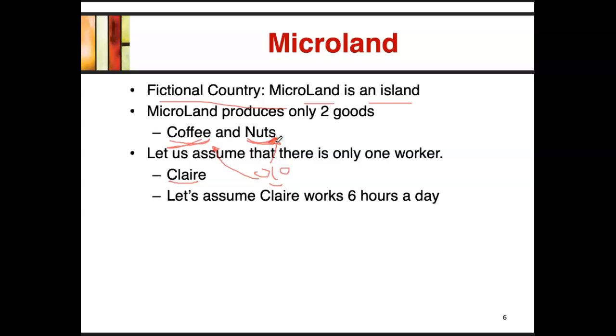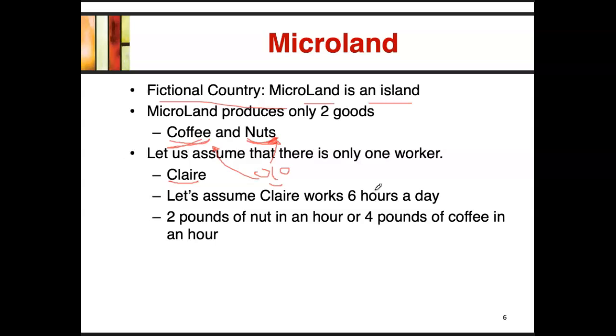So let's assume Claire works 6 hours a day to collect coffee and nuts. With Claire, we can measure her productivity. She can collect either 2 pounds of nuts in an hour or 4 pounds of coffee in an hour.